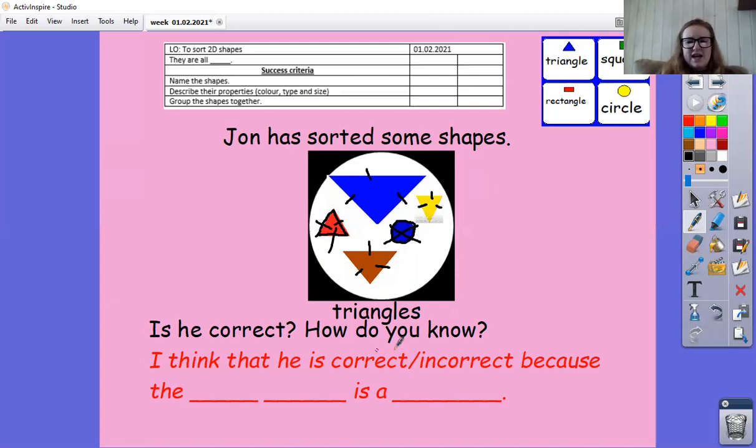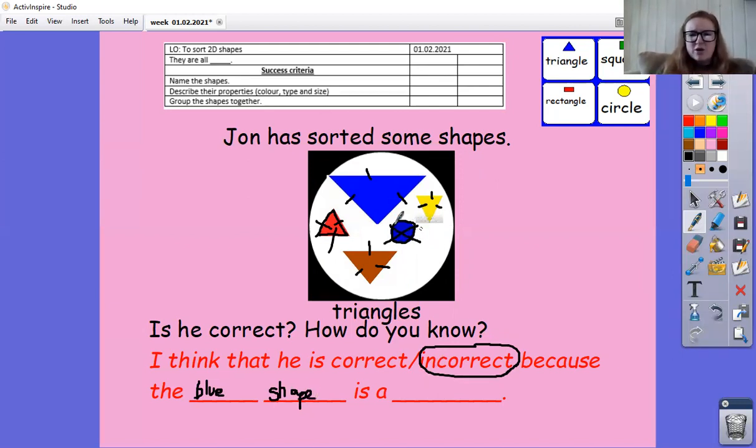I think that he is incorrect. He is incorrect because the blue shape is, what do we say that blue shape was again?